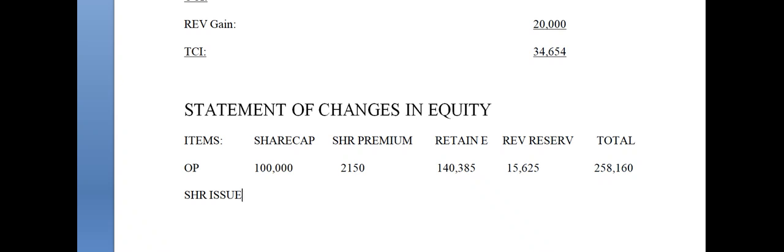In other words, if there is a share issue, it means they are giving additional shares to the existing shareholders. But the ordinary share is 1 naira each. So the first thing that you are going to recognize is 12 million naira.